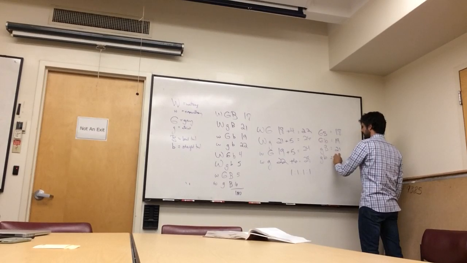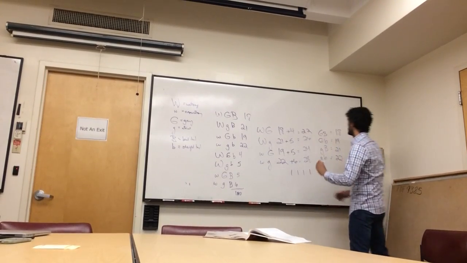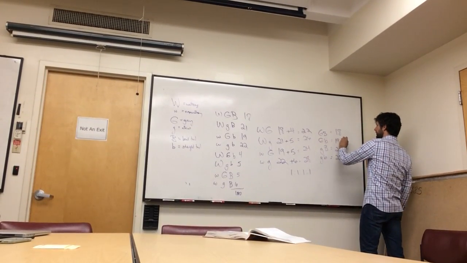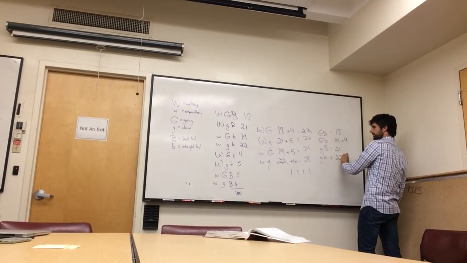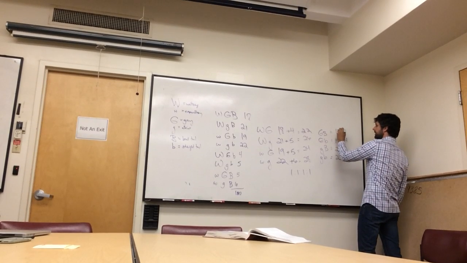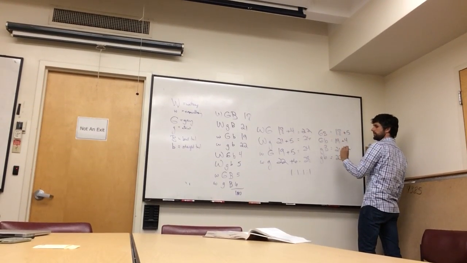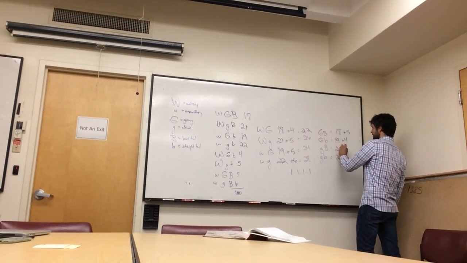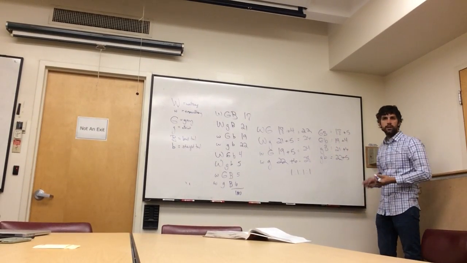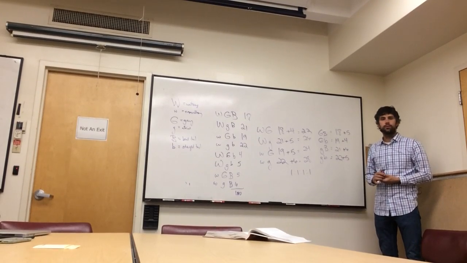Little g, little b, 22. And then we have 4, 5, and for little g, little b, 6. Again, we're ending up with that 1 to 1 to 1 to 1 thing.